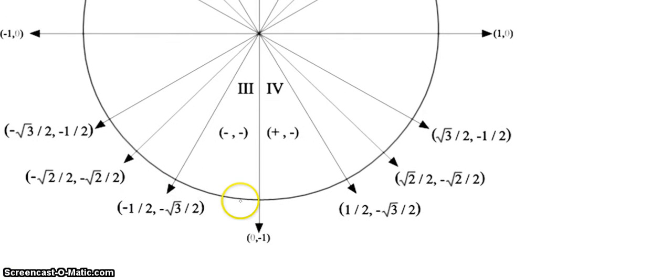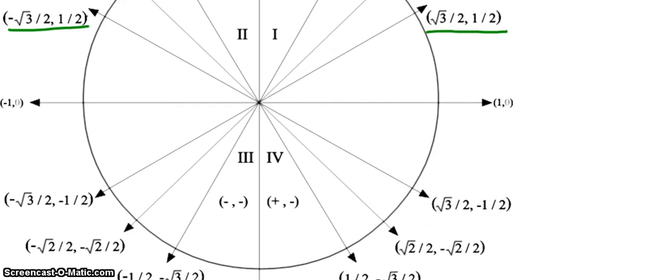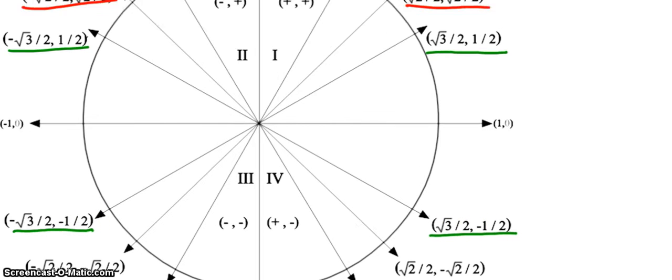When we move down to the third quadrant and the fourth quadrant, again, these are the same as this coordinate point and as this coordinate point, except in the third quadrant, both the x and the y are negative, and in the fourth quadrant, I'm sorry, the x is positive and the y is negative.